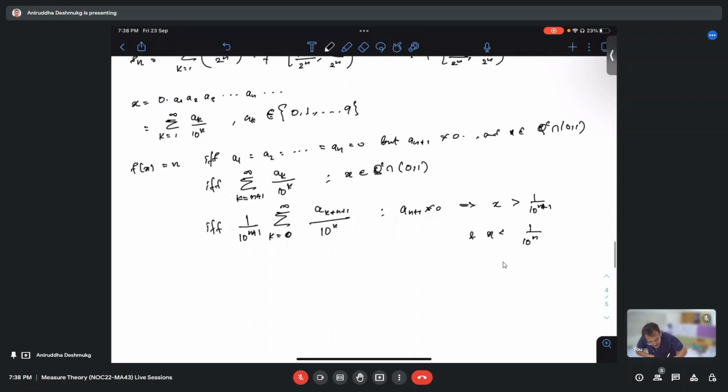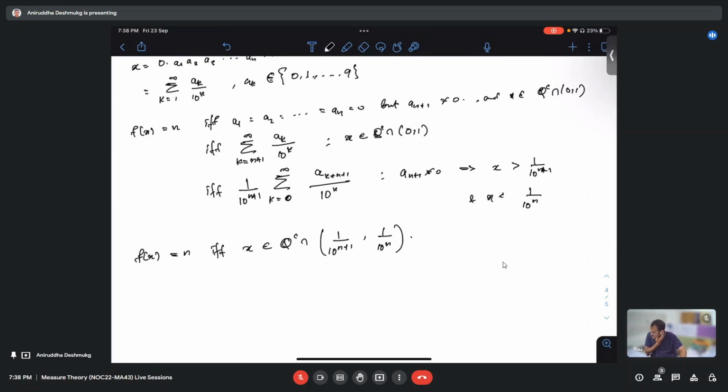So that means f(x) is equal to n if and only if x is an irrational number between 0 and 1, or maybe I can combine this and simply write x is an irrational number between 1 over 10 to the power n plus 1 to 1 over 10 to the power n.